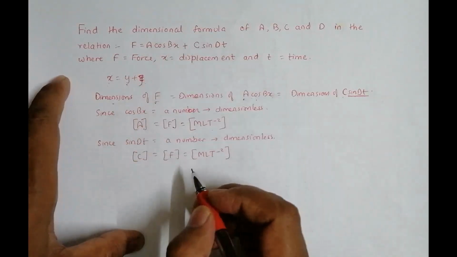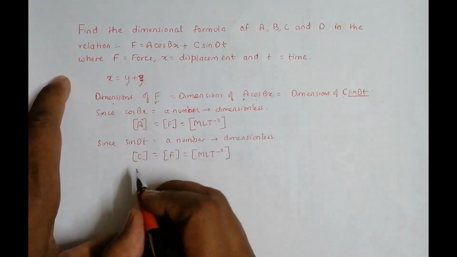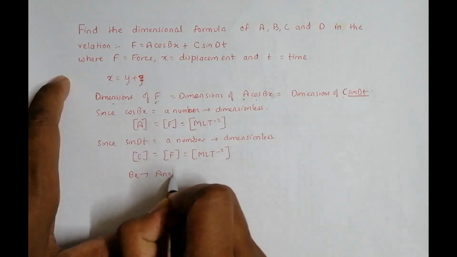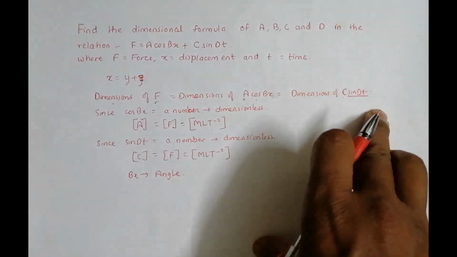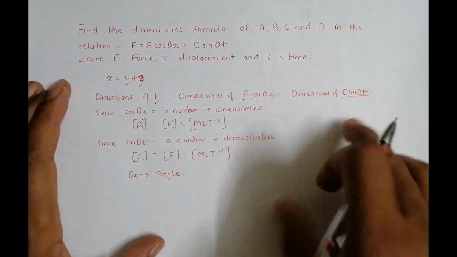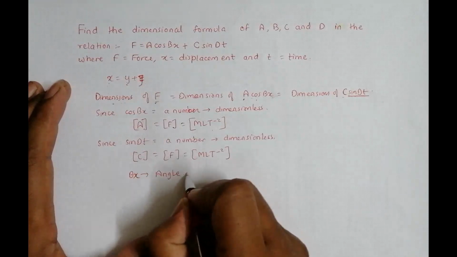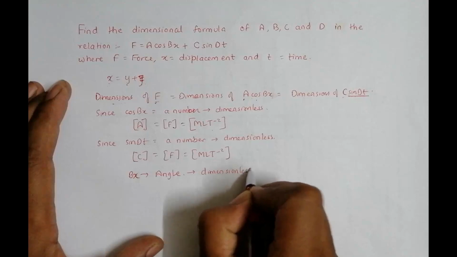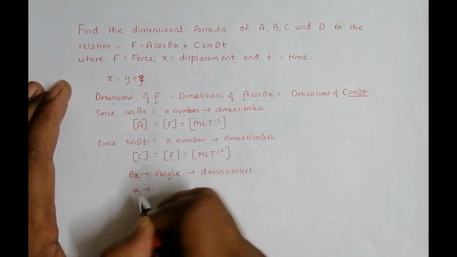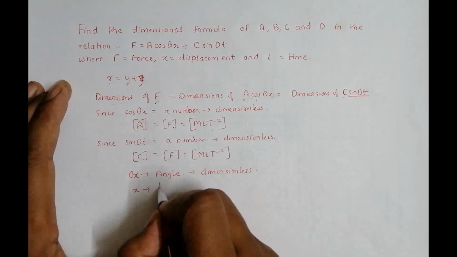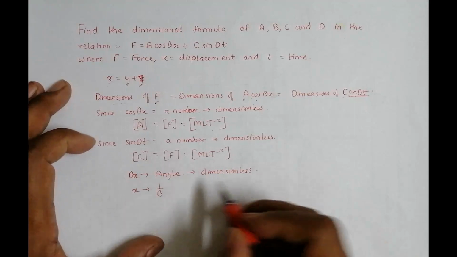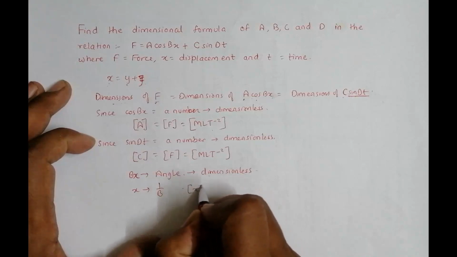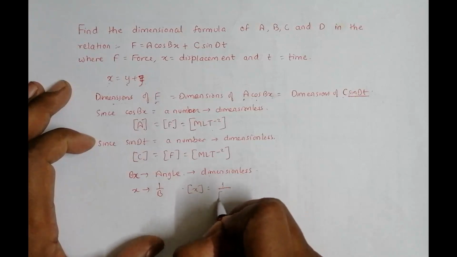Now for B and X. The term bx is an angle, because anything inside cos and sine is an angle. So the angle is again dimensionless. This means that x is equal to 1 by b. So the dimensions of x should be equal to 1 by the dimensions of b.